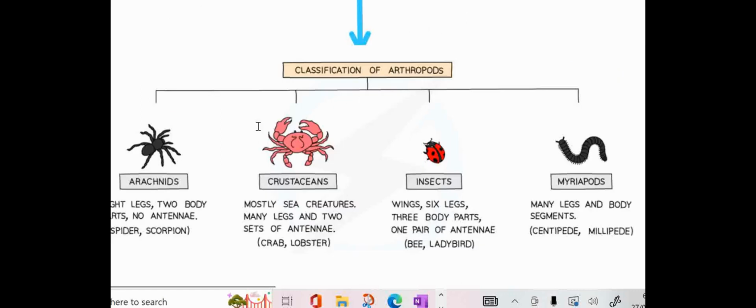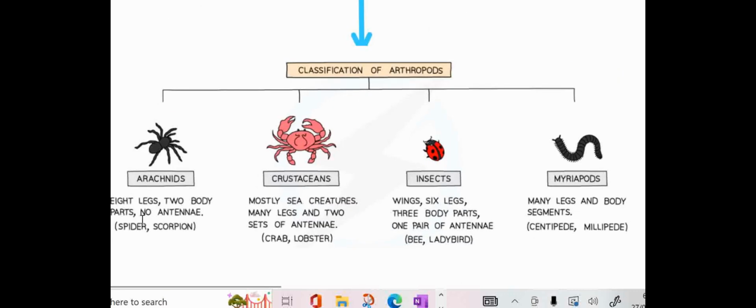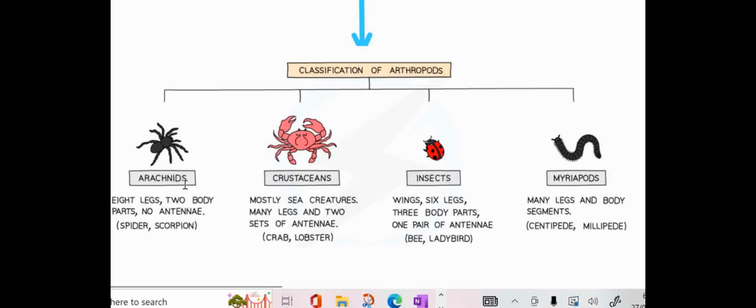Arthropods again are classified into arachnids, which have 8 legs, like in our previous question: spider, scorpion; crustaceans, crab and lobsters; and then insects, which have 6 legs, like our first question; and myriapods, like centipede and millipede.